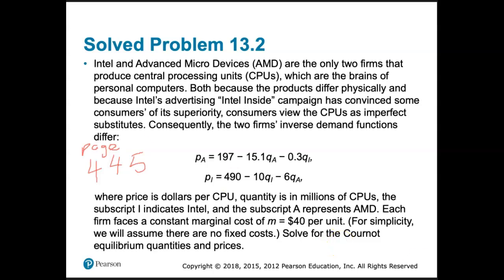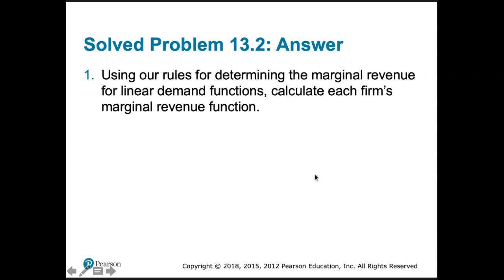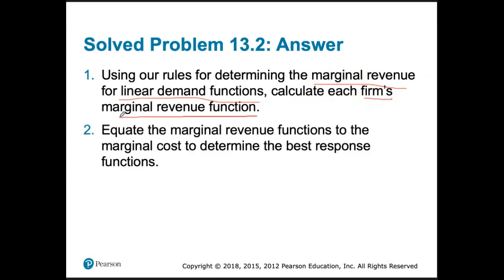The solution involves first determining the marginal revenue for linear demand functions by calculating each firm's marginal revenue function. After that, you equate the marginal revenue functions to marginal cost, which is similar for both firms in this example.